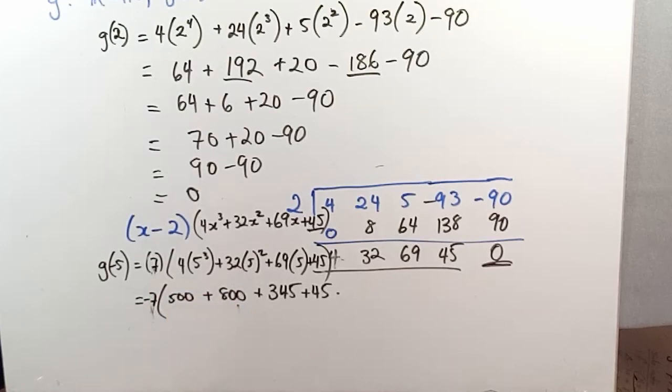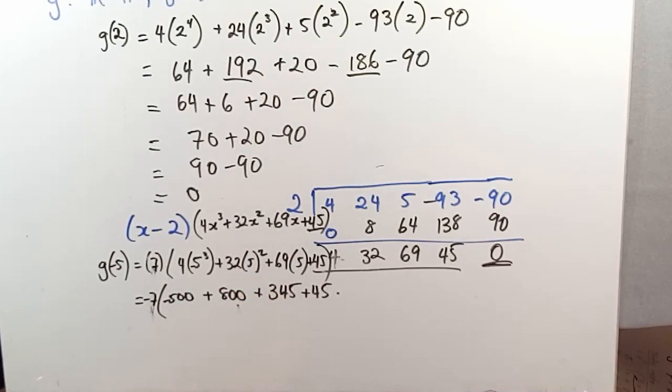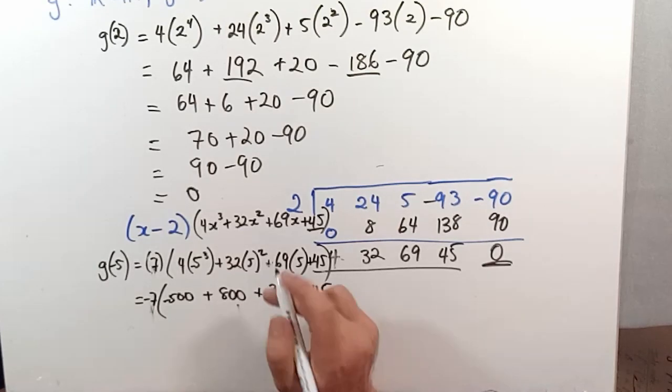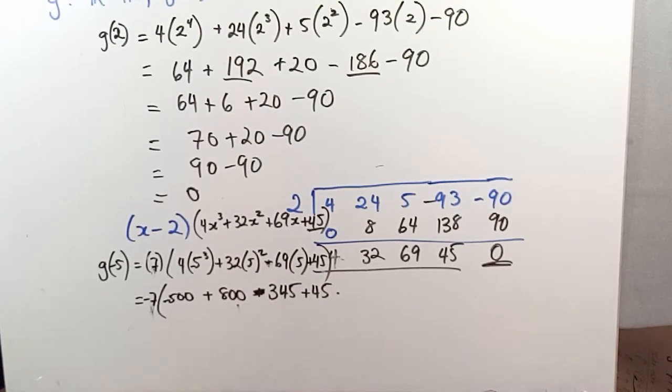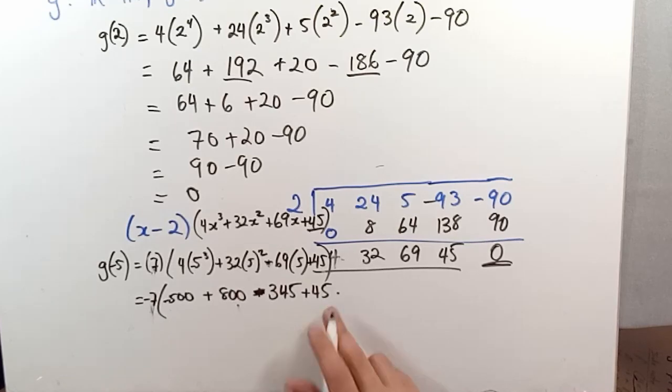Okay, so we've got negative 7 times, this is negative 5, we get negative 500. Now this stays positive. This becomes negative, so we get negative 345 plus 45. What do I get there? Oh yeah, because that's negative 300 there. Oh, perfect.